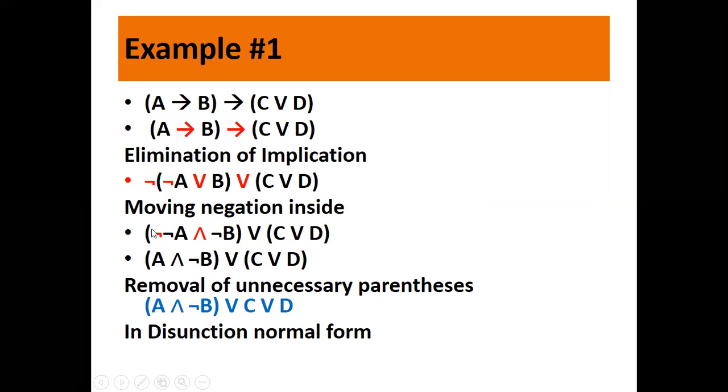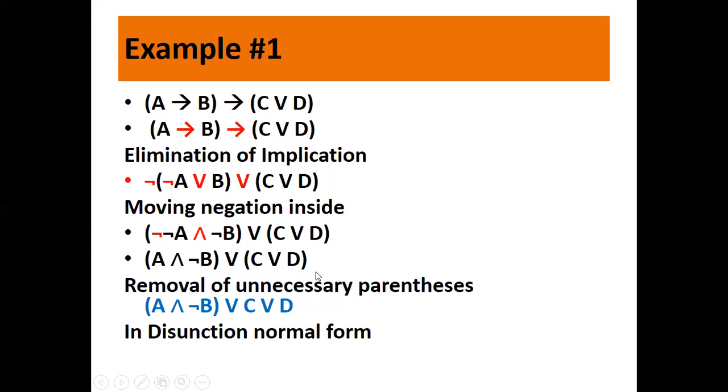Now negation and negation get cancelled; we have already seen this rule also. So it becomes only A and negation of B, or C or D. Now you just need to remove the unnecessary braces.